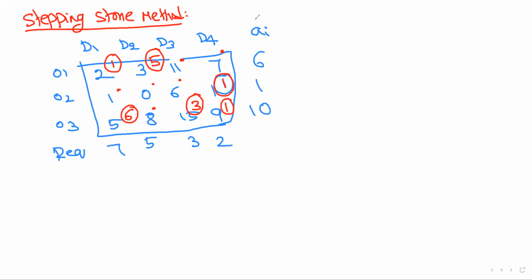Non-basic cells are 6. I'll choose one by one and find the amount for each.